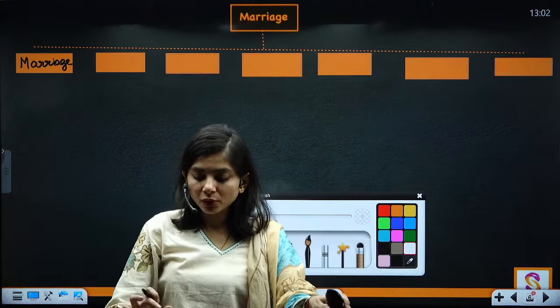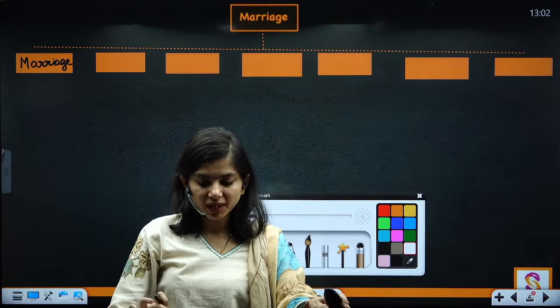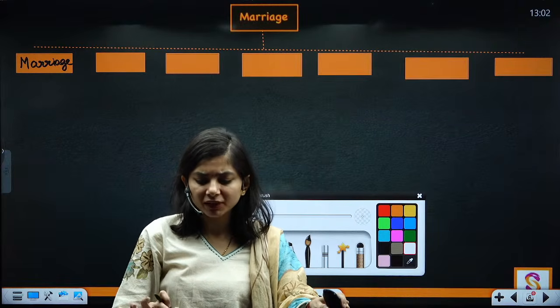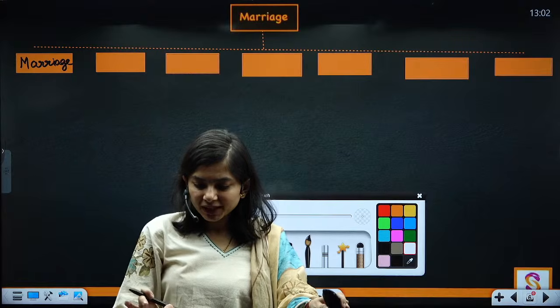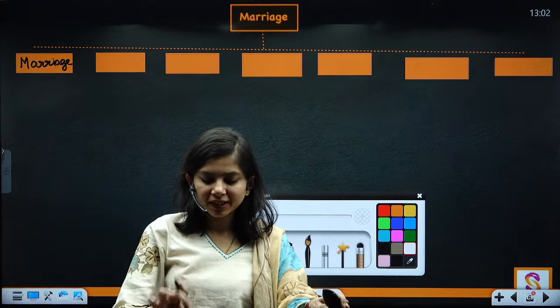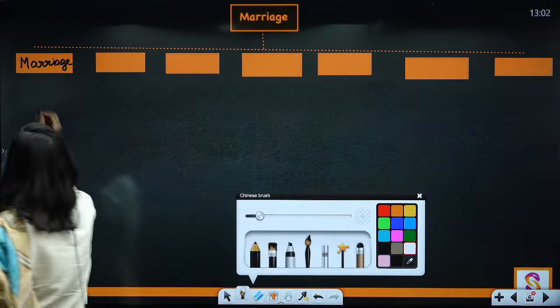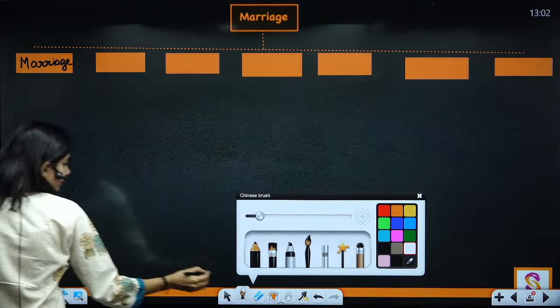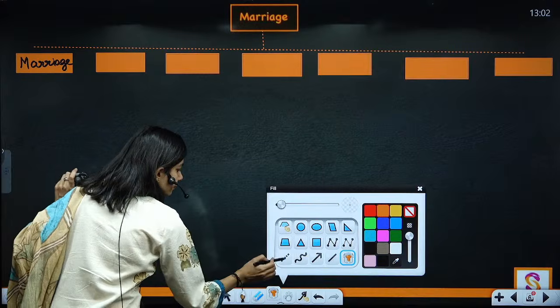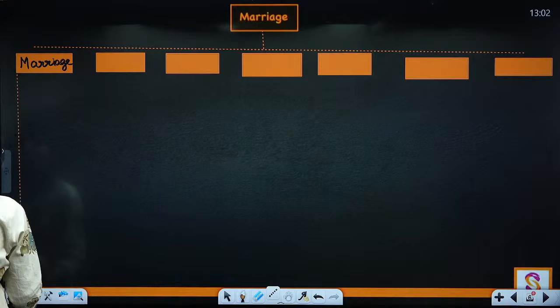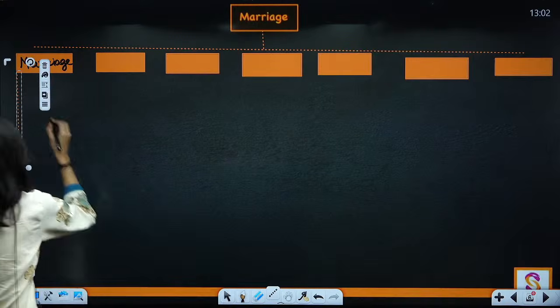Now we should know what to cover under this part, and that's how we are going to cover it up. The first part that we are going to cover related to this is the basic definition. So here, in terms of basic definition, what are we going to cover?